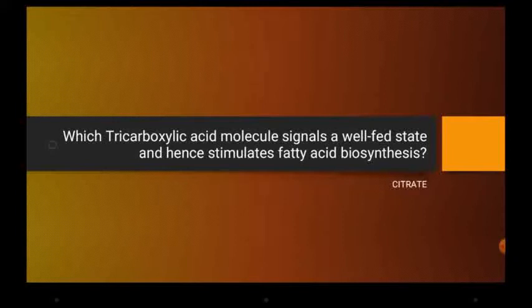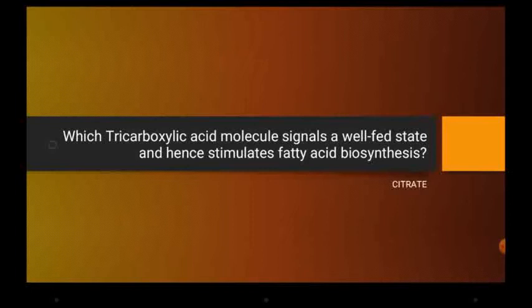Well, that acetyl coenzyme A will enter into the Krebs cycle, or the citric acid cycle, whereby it will mix with oxaloacetate to produce citrate. Once citrate is formed in the mitochondria, it has to be translocated into the extramitochondrial cytosol via the tricarboxylate transporter.